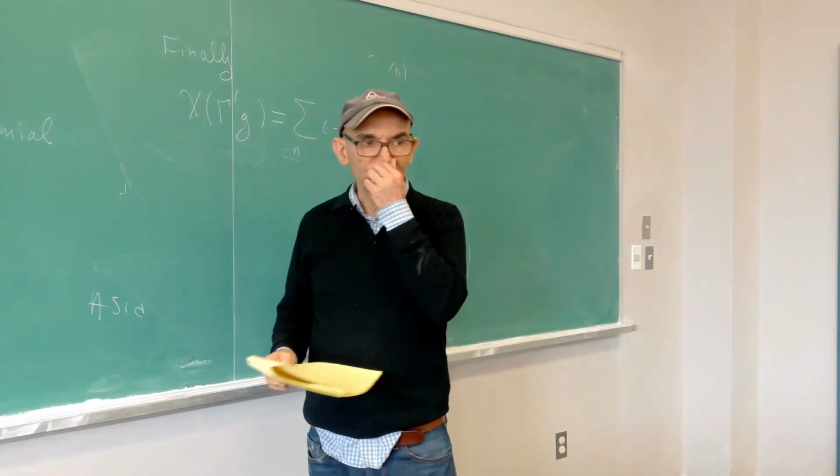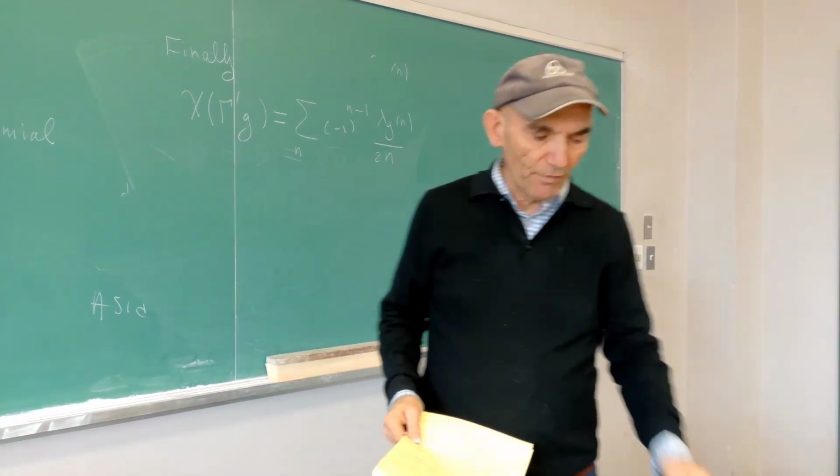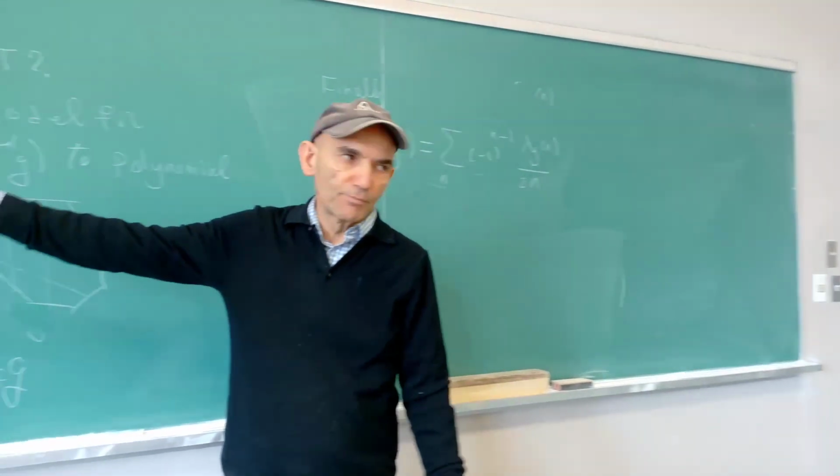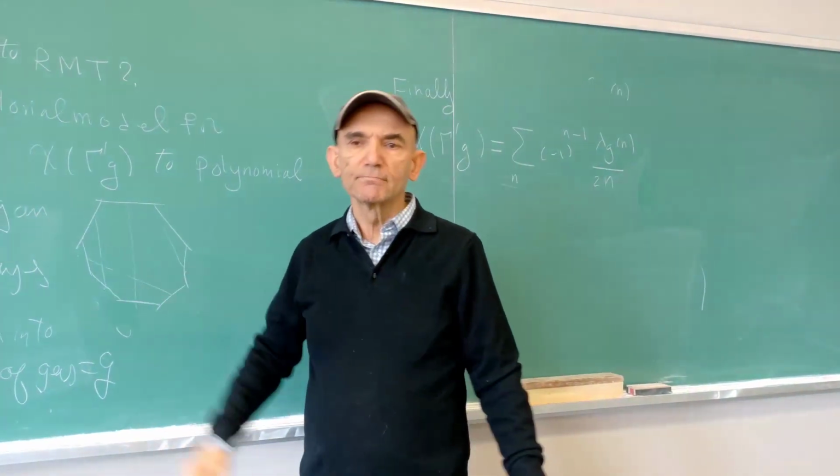So the Euler characteristic that we want to compute eventually gets related to certain types of polygon gluings.